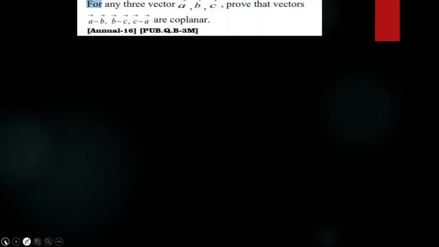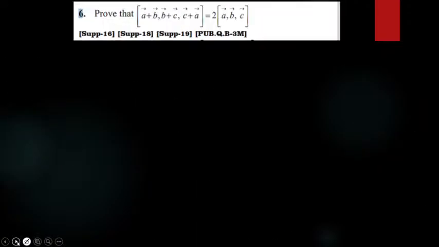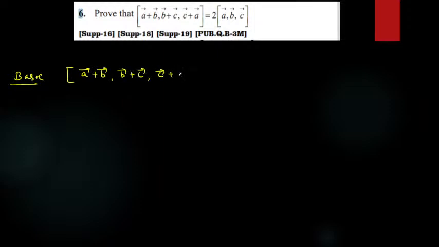Okay? Look at it, so I'll go with this one. If you want to prove that [a plus b, b plus c, c plus a] is equal to 2 times [a b c], before that you need some basic properties. The first thing is they have given a plus b, b plus c and c plus a. Now this is nothing but the scalar triple product you have to consider.